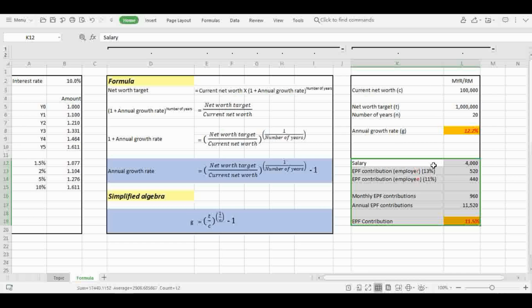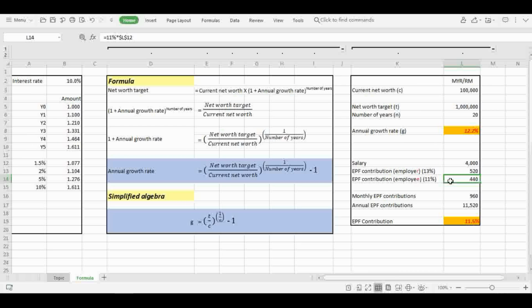Let's say your gross salary is 4K, and the employer EPF contribution is 13%. So this would be 13% on your gross salary. And remember, your salary is also deducted every single month at about 11%. This is the employee EPF contribution.